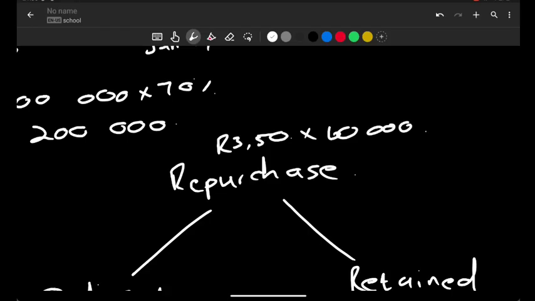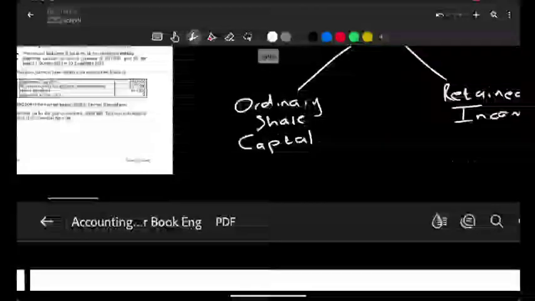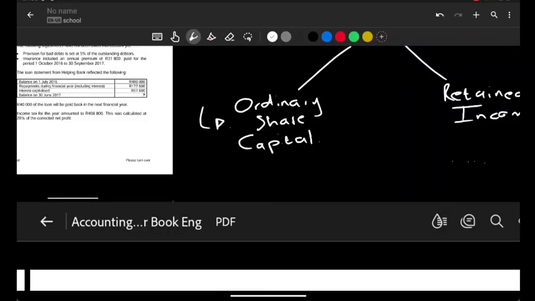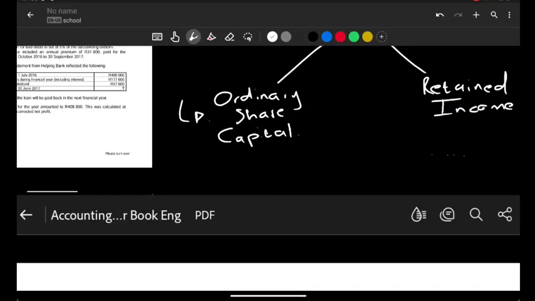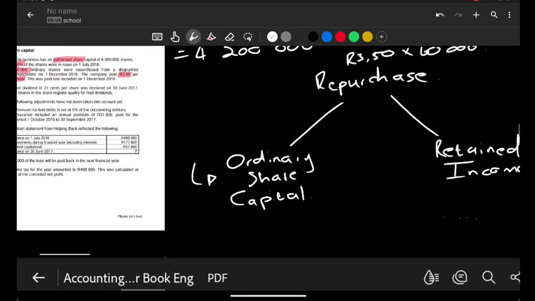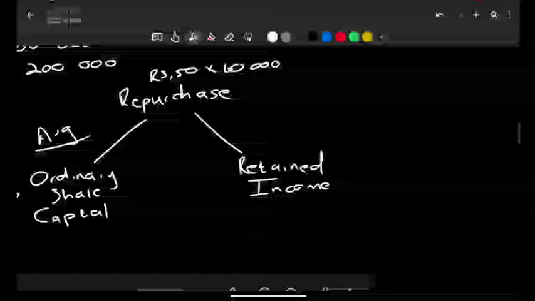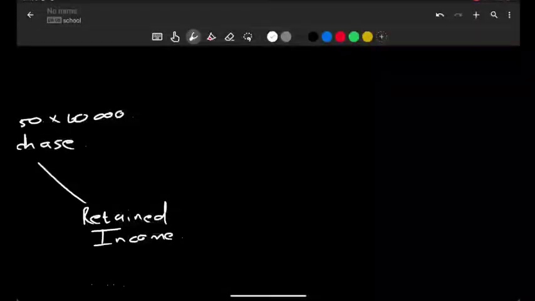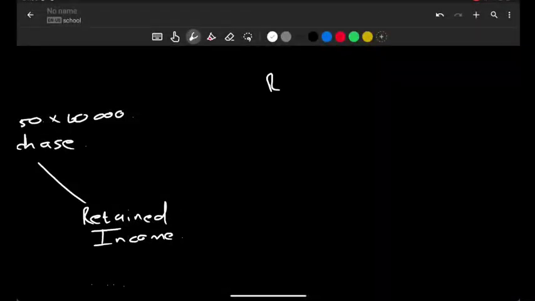But now we want to know how much specifically goes to the ordinary share capital, and we find that by finding the average for ordinary share capital. Now, how do we find the average? We say the rand value of shares divided by the number of shares, right?